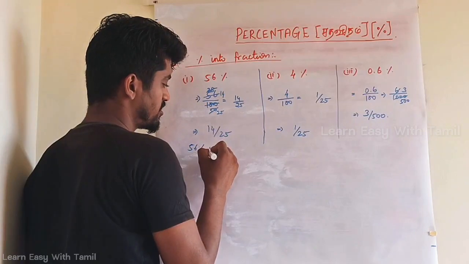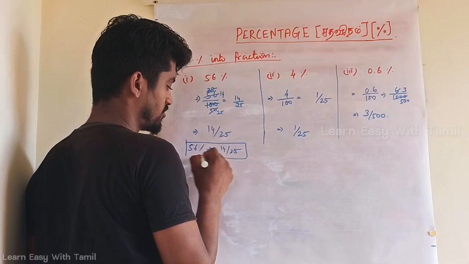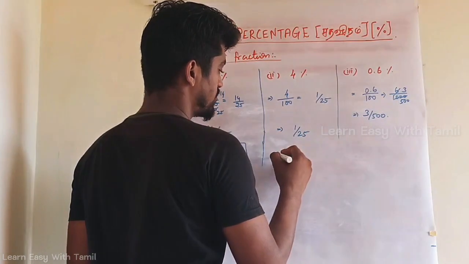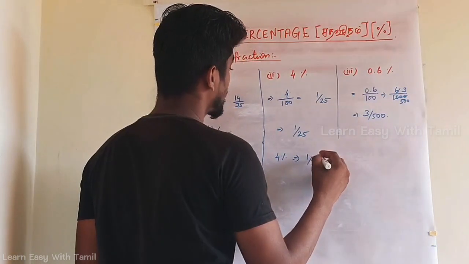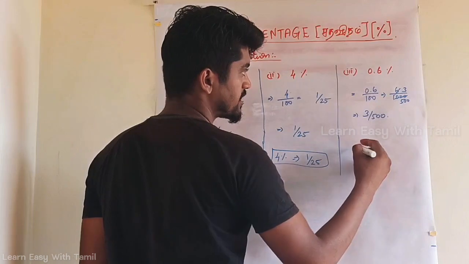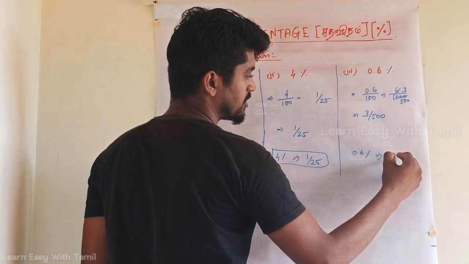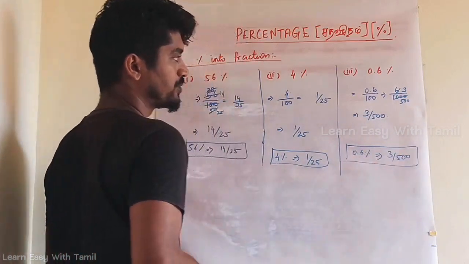So 56 percentage is equal to 14 by 25. Second sum, 4 percentage, the value of fraction is 1 by 25. The third example, 0.6 percentage is converted to 3 by 500 as a fractional value.